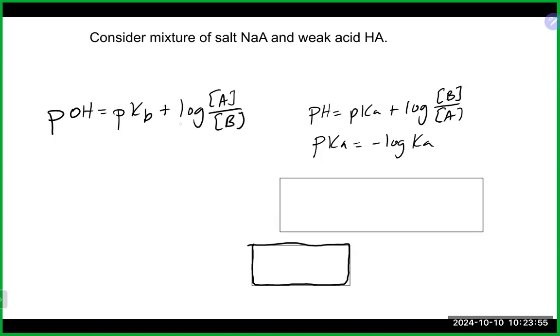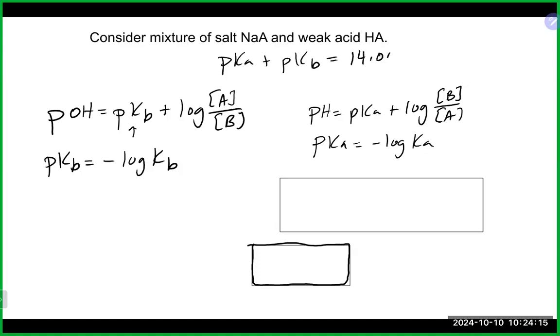So it is reversed, and it uses the pKb value, which is found by taking the negative log of the Kb value. By the way, there is a nice relationship: the pKa plus the pKb equals 14, kind of like the pH plus the pOH equals 14. This can be useful in several situations. If you got a Kb value and need a pKa value, you could calculate the pKb, subtract from 14, and quickly have the pKa value.